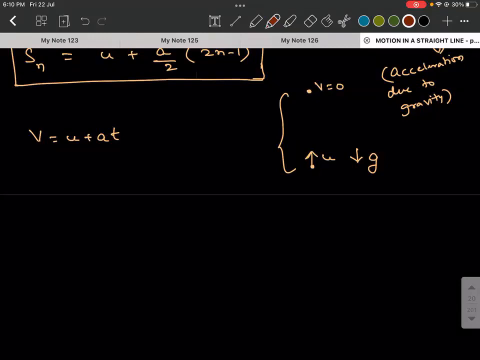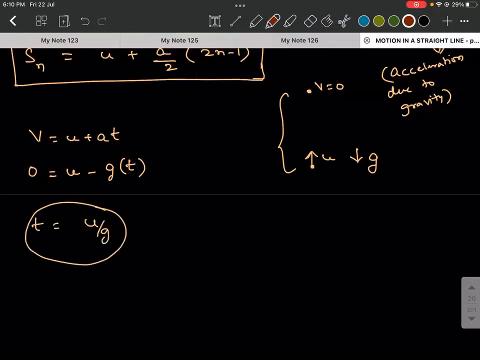So if I put v is equal to 0, u is how much? That's what we need to find. Minus g into t is, actually this also doesn't make sense. So t will be equal to u divided by g.